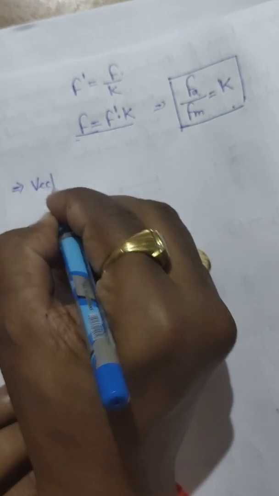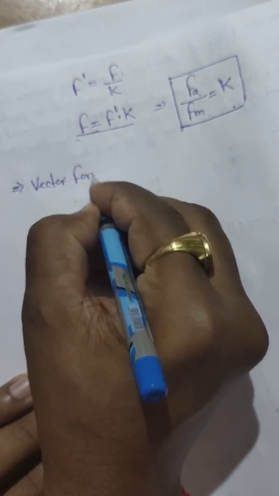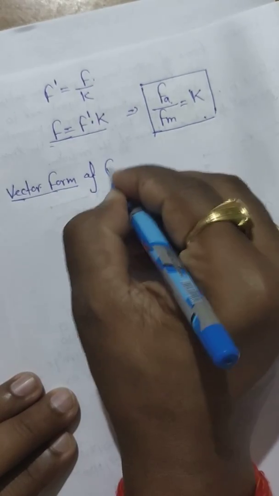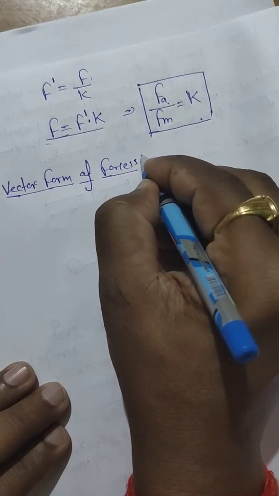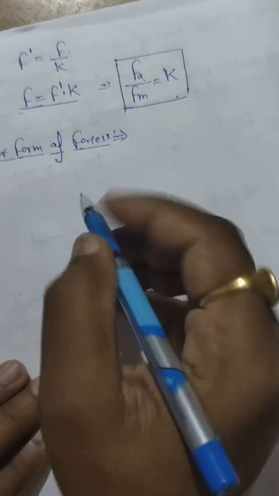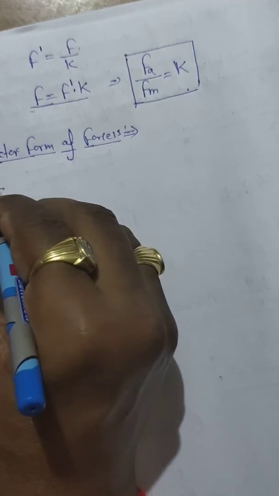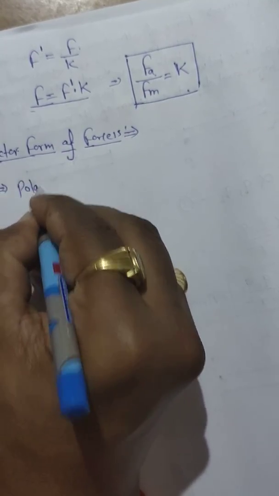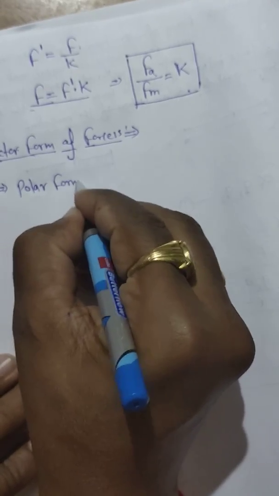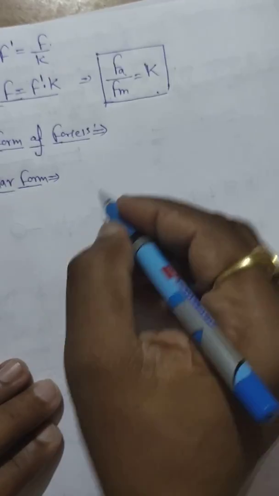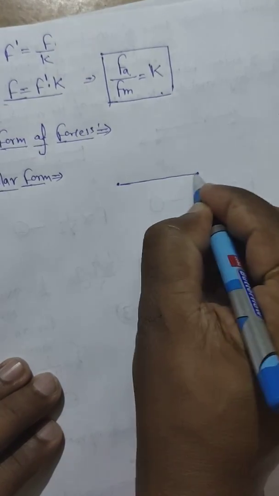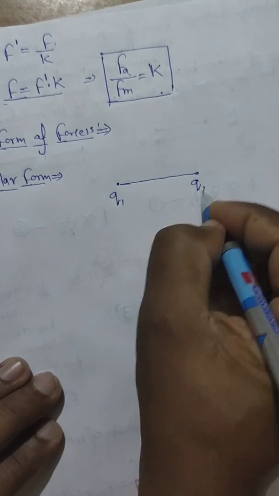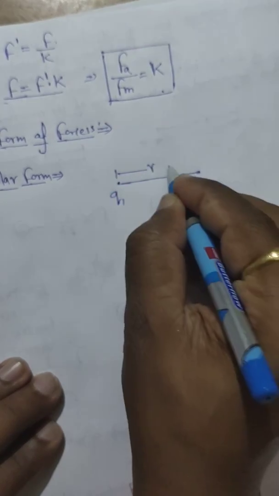Vector representation, vector form of forces. First case, in polar form. Suppose two charges have magnitudes q1 and q2, and the separation between them is r.